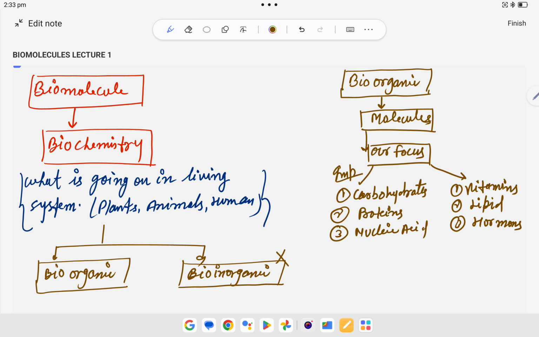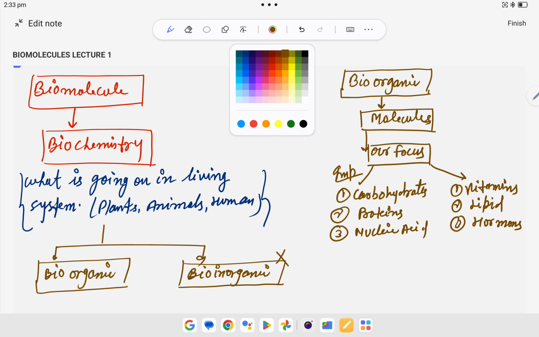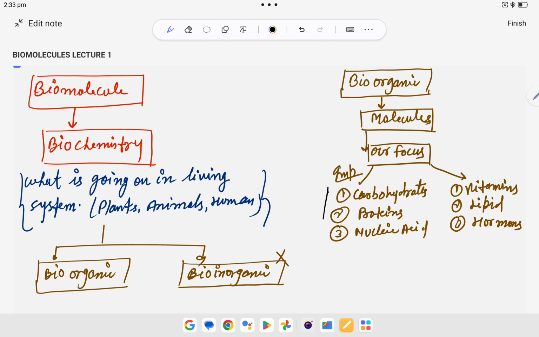So these are the important topics of biochemistry. These three are very important topics, and carbohydrate is the most important topic, and these are the least priority. So these total six kinds of molecules we will discuss in this chapter.